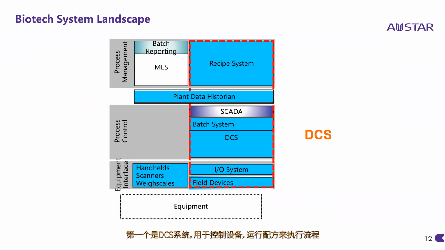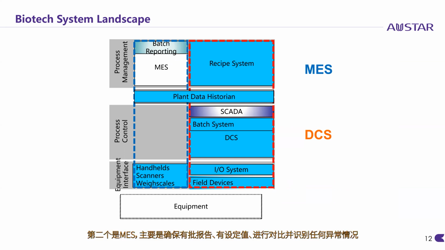One is the DCS, the distributed control system, which controls the equipment and runs recipes to execute the process. The second main component is the MES, which is used mostly to make sure we have a batch report. It has set point values, compares them, and can tell us about any exceptions.